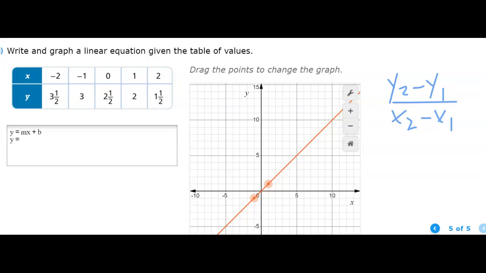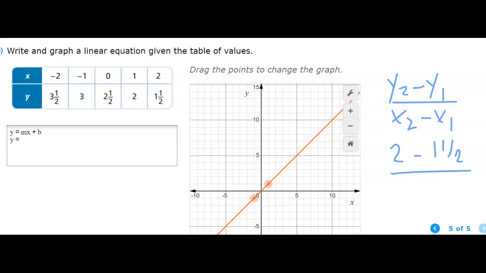All right, so I'm going to choose these 2 points here. So my y2 is going to be 2 minus the 1.5.